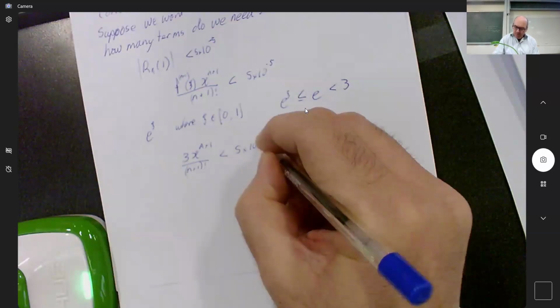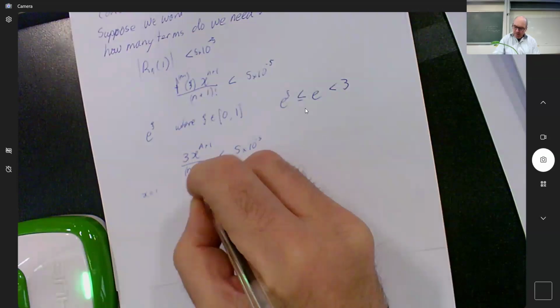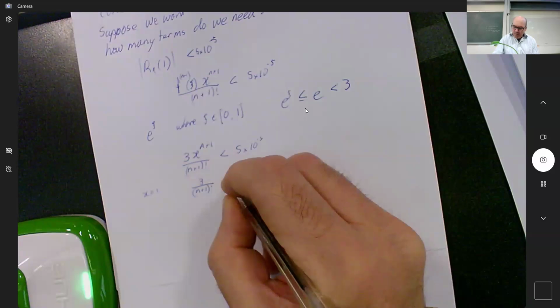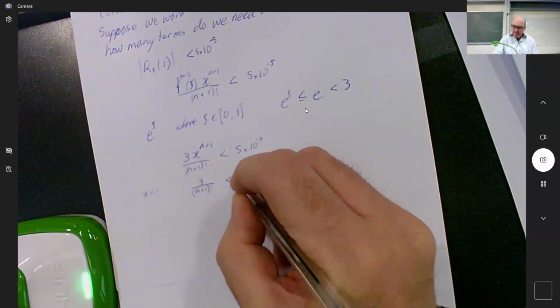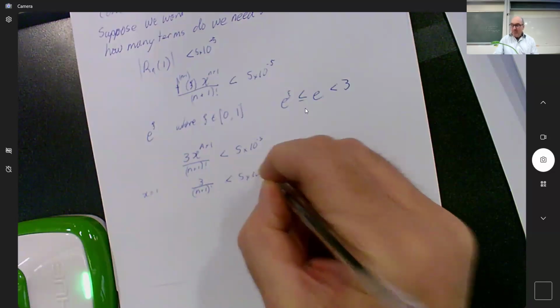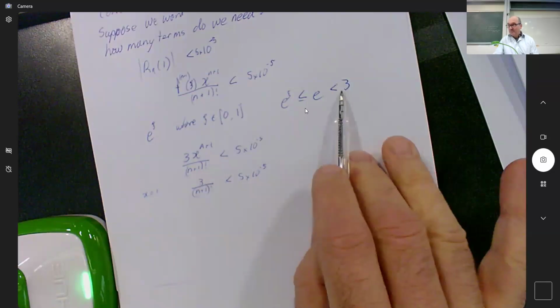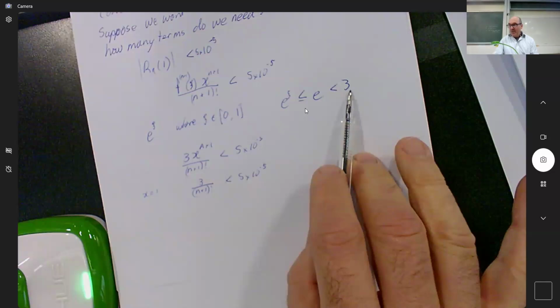X is equal to 1. So this is just 3 on n plus 1 factorial less than 5 by 10 to the minus 5. I went up rather than down. So I used an overestimate for my value because I want it to be less than.